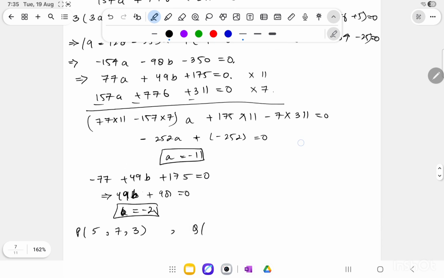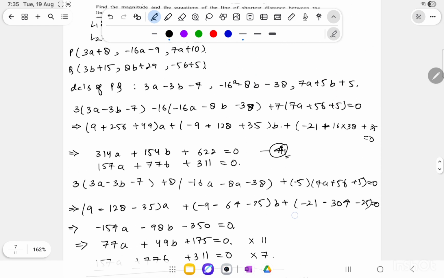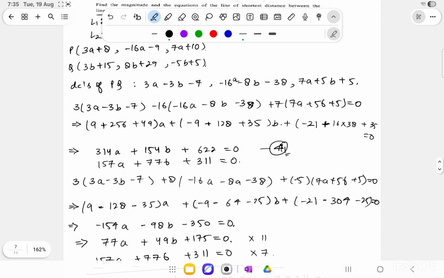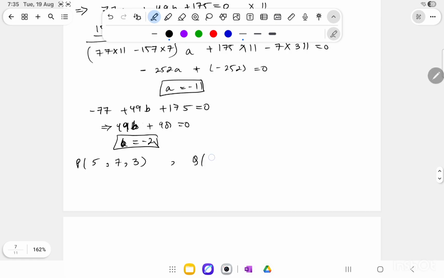Likewise my point Q will be 15 minus 6, 9, 29 minus 16, 13, and 5 plus 10, 15. So my P is 5, 7, 3 and Q is 9, 13, 15. So I can easily find the shortest distance.